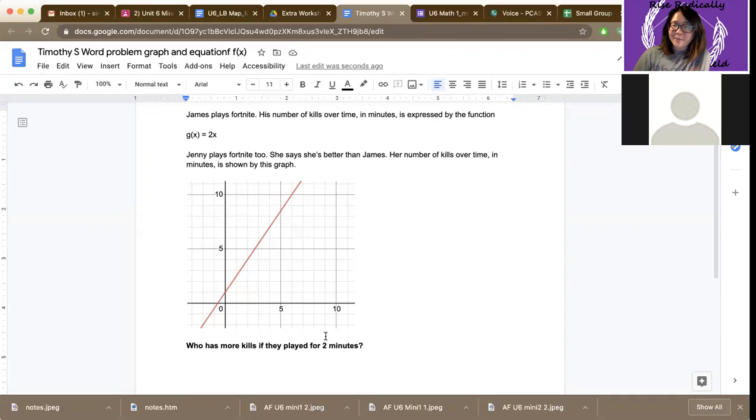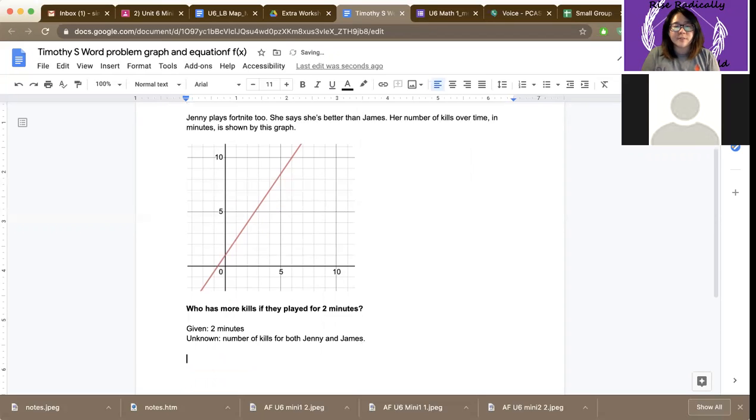So the first thing that I'm going to do is think about what information is given to me. Here I know that I'm looking at 2 minutes, and my unknown is the number of kills for both Jenny and James, right?